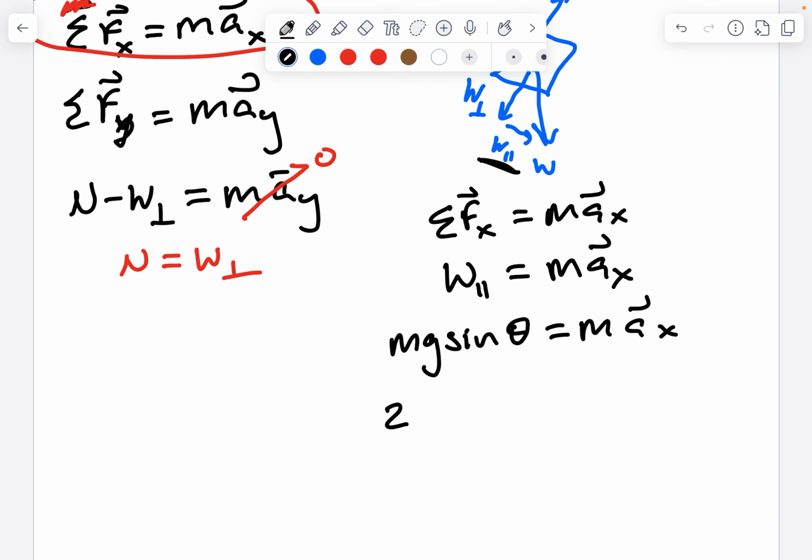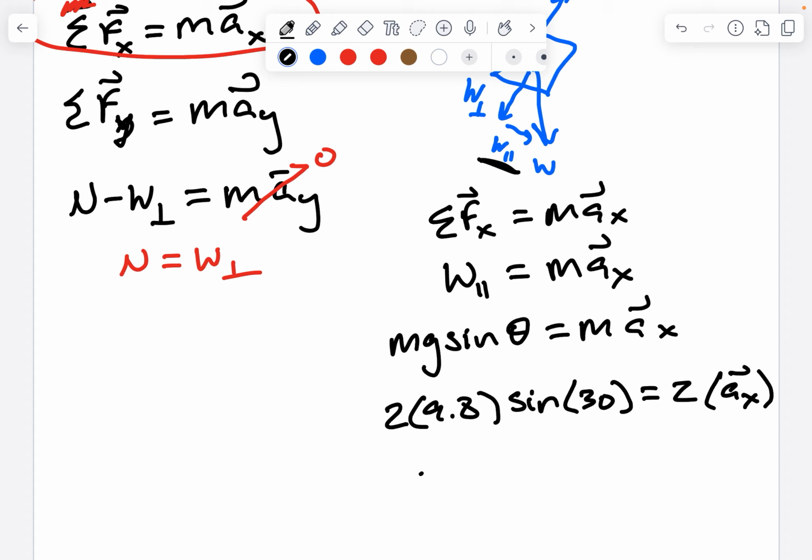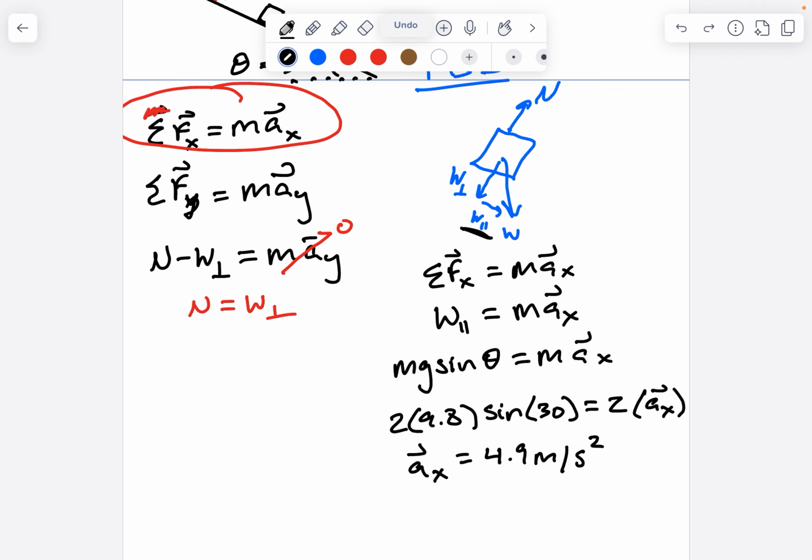So we have 2 times 9.8 times sine of 30 degrees is equal to 2 times a. Once we simplify everything, we are left with acceleration in the x direction equal to 4.9 meters per second squared. And that is the answer.